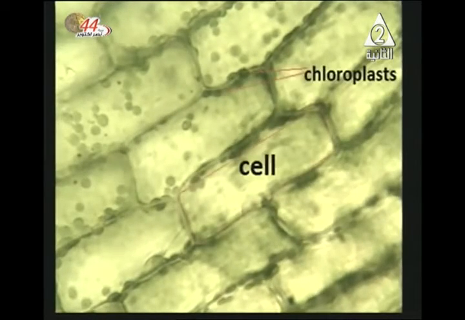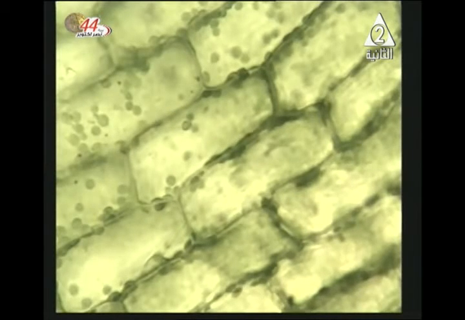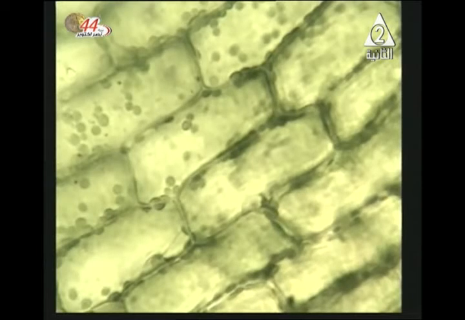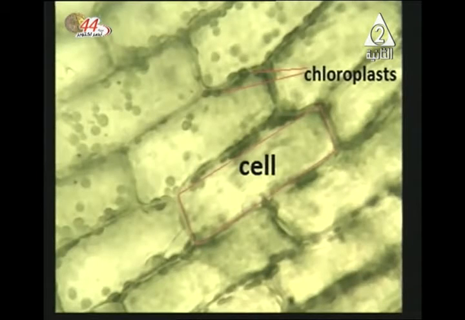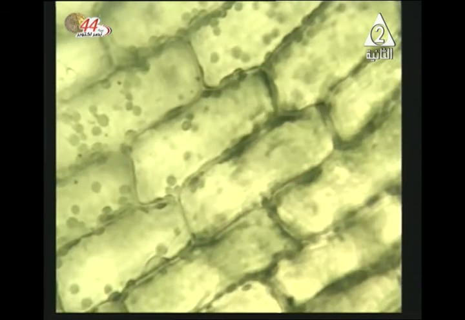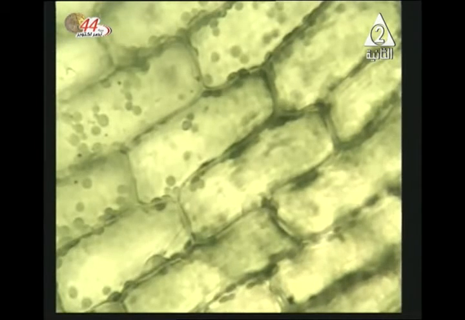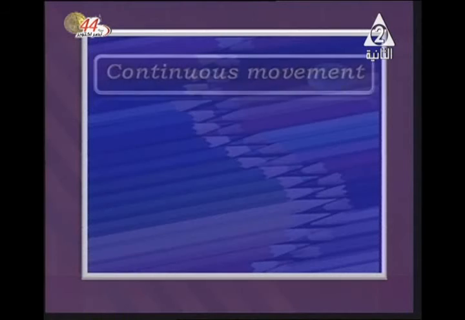There is a circulation always, all the time. This shows that there is a continuous movement inside all cells in the living organism. I hope you got the meaning of cytoplasmic streaming.